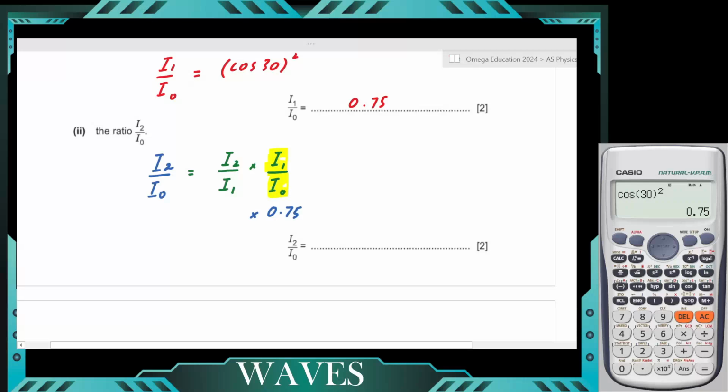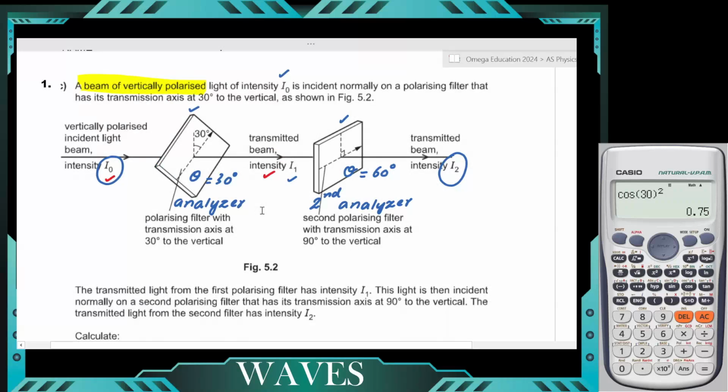All we need to find is I2 over I1. So let's go back to the diagram. Here we have the I2, and this is the I1. In order to relate I2 and I1, we don't have to skip two filters at the same time. You see, we have only one analyzer in between. So I2, the new intensity, equals the old intensity times cos square theta, which in this case is 60.